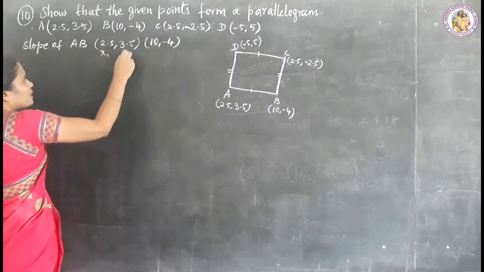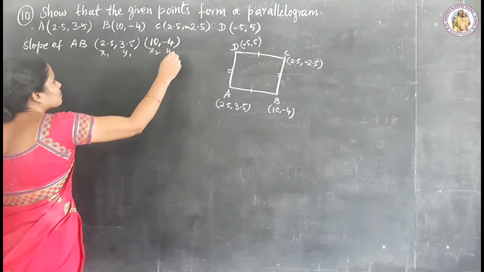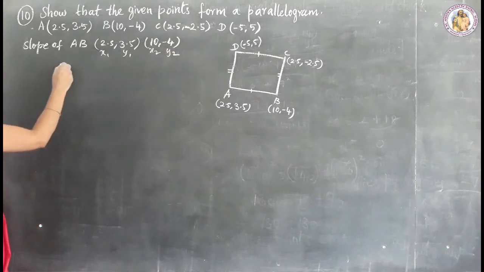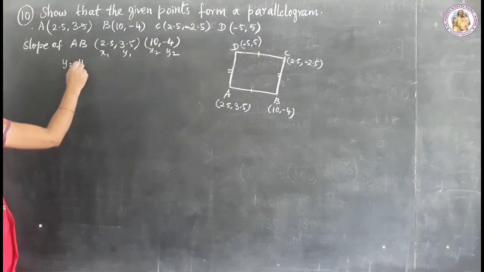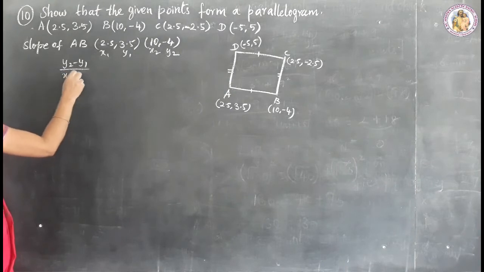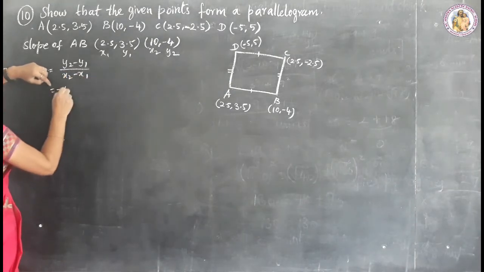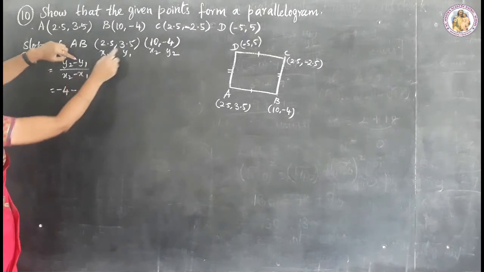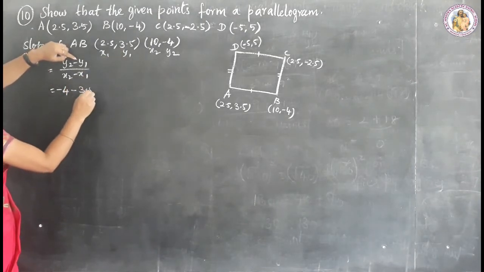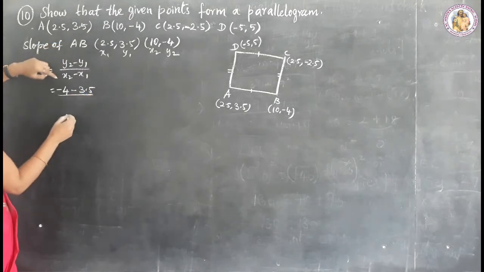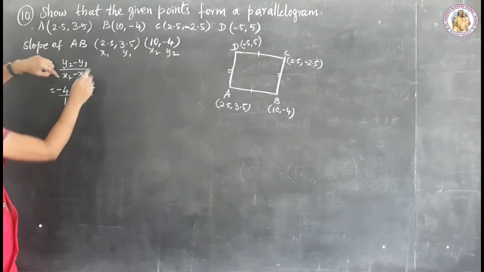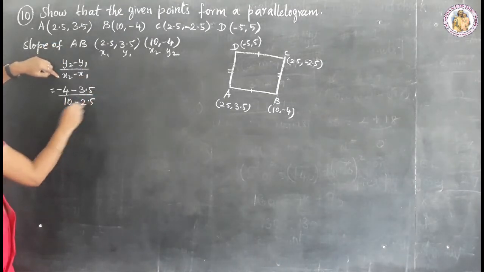So x1, y1, x2, y2. Now y2 minus y1 over x2 minus x1. That is -4 minus 3.5 divided by 10 minus 2.5.